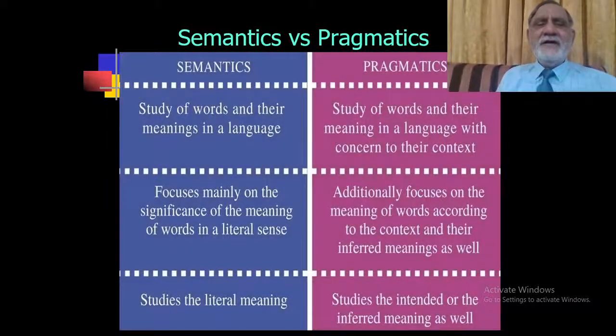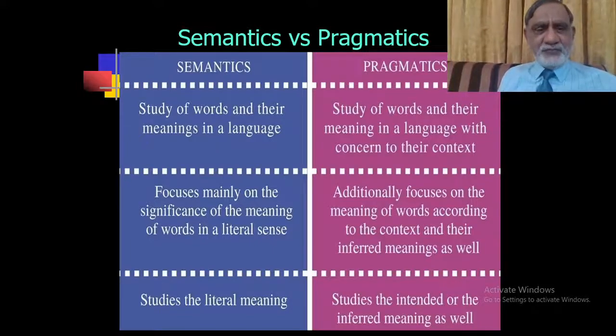Now, at the end, please make the difference between semantics and pragmatics. Semantics is the study of words and their meanings in language, whereas pragmatics is the study of words and their meaning in language with concern to their context. Context is additional in pragmatics.